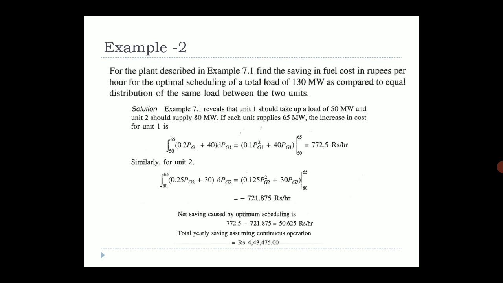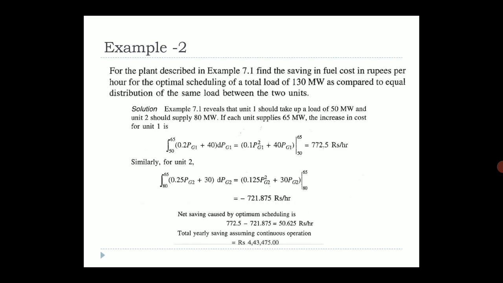The cost of generator 1 actually increased, and it increased by 772.5 rupees per hour, which is obtained by integrating the cost function between the two points, 50 and 65. Generator 1 was at 50, but now you are saying that 65 would be better. So that was the increase from 50 to 65.